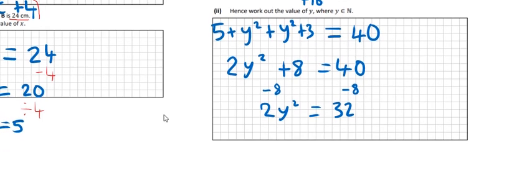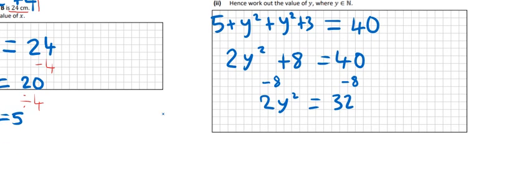Now, y squared is being multiplied by this 2 here. So we're going to get rid of that 2 or move that 2 away. So we're going to divide by 2. Now, y squared has to be equal to 32 divided by 2, which is 16.